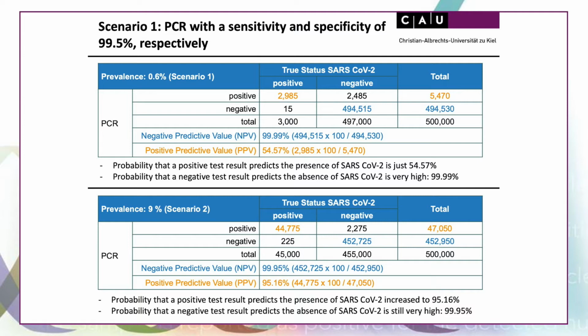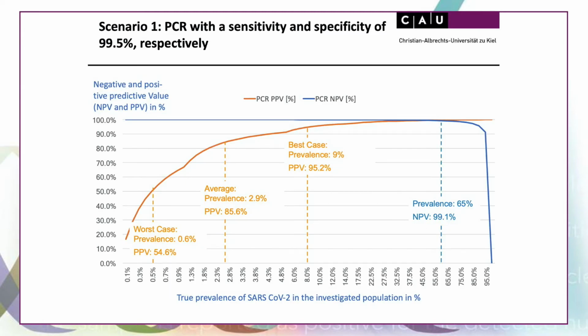In contrast, when given a prevalence of 9% in our second scenario, the positive predictive value of the test increases dramatically to more than 95%. Meanwhile, the negative predictive value remains nearly unchanged at more than 99%.